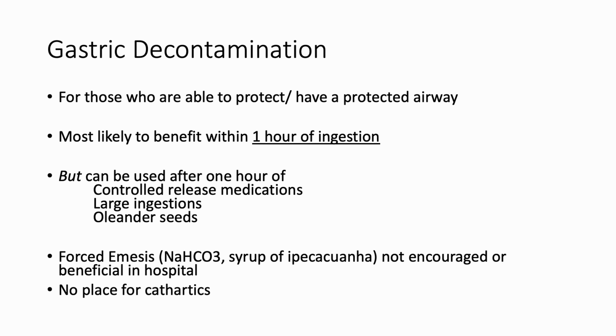But even so, if patients have taken large quantities of medication, a large supratherapeutic dose, or if they have taken controlled release medication, where the medication is released in the GI system at a slower rate, extended release, they would benefit from gastric decontamination. Or also in those who have consumed oleander seeds. We'll talk about that in the plant poisoning lecture.